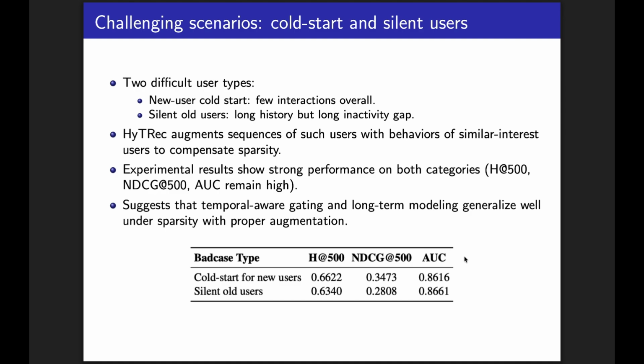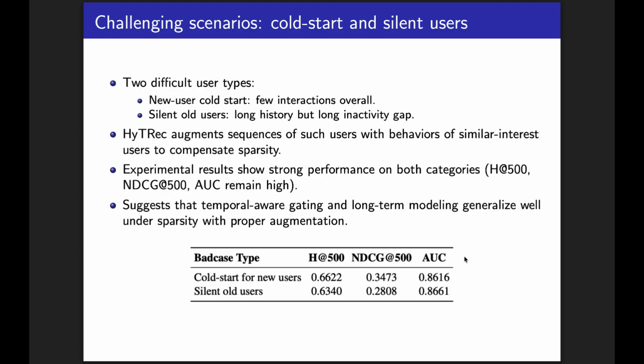So it's very simple. Fill in the gaps with items that are from similar users. Even with this simple approach, they prove with the three metrics that we have seen already before that the results are pretty much close to the ones that we got before without these challenging situations.